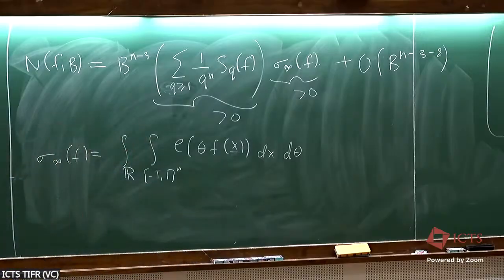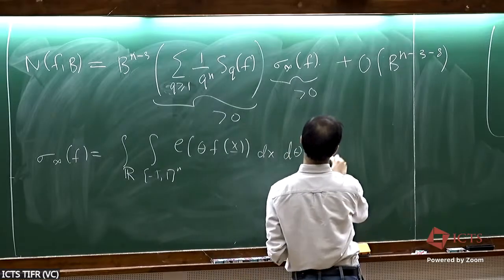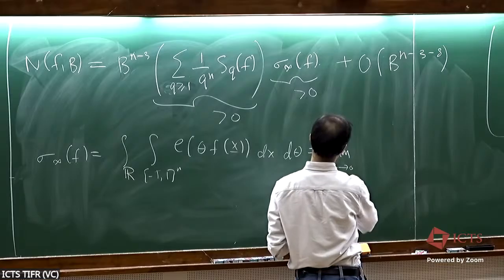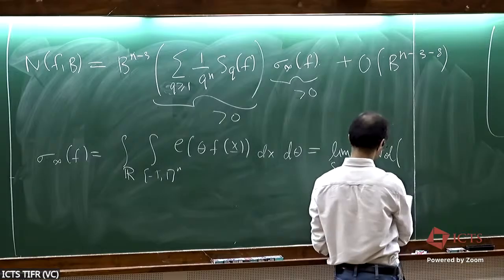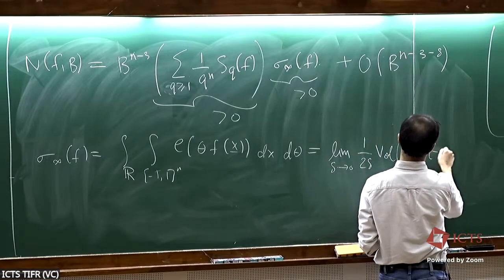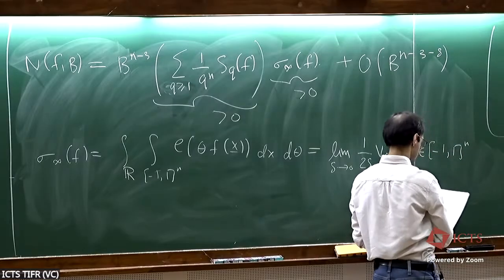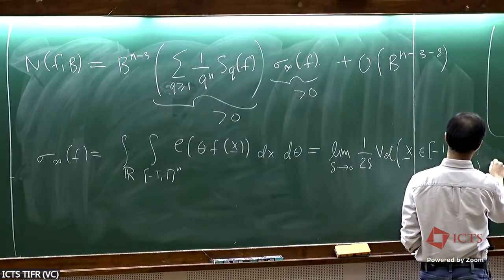And okay, let me first write what the point is. This particular thing is actually a local density. So what one can show is that this particular integral is the limit as delta goes to 0 of 1 over 2 delta times the volume of all of these x inside [-1, 1]^n such that |F(x)| is less than delta.